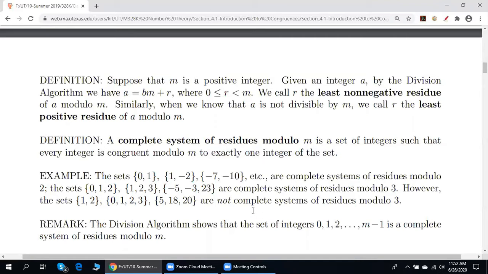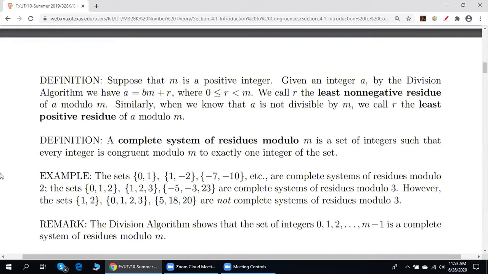Note that, for example, the number 3 is congruent to both 0 modulo 3 and 3 modulo 3. Lastly, this is not a complete system of residues modulo 3 because the number 4 is not congruent to 5 modulo 3, it is not congruent to 18 modulo 3, it is not congruent to 20 modulo 3.